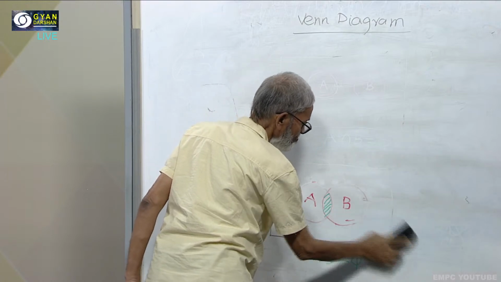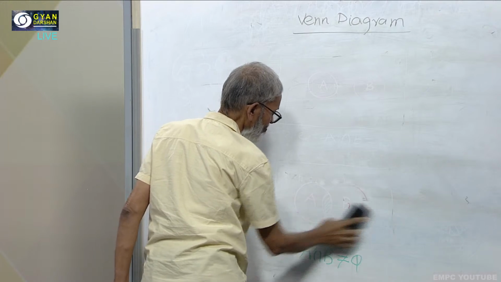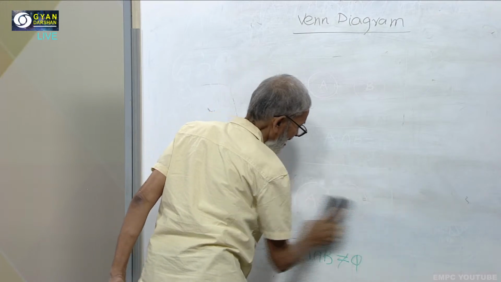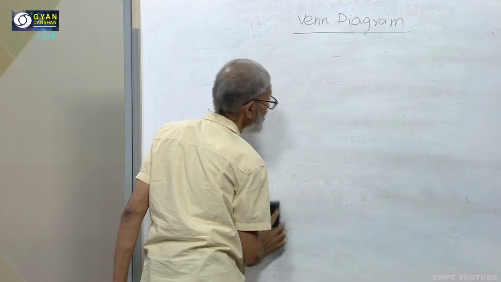Now, suppose that two sets are there, A and B, out of which A is a subset of B. Then how do we represent it?